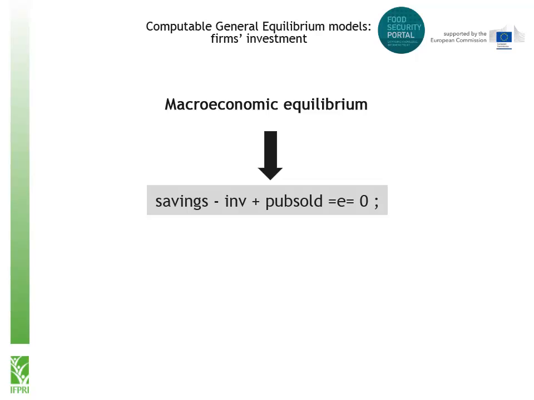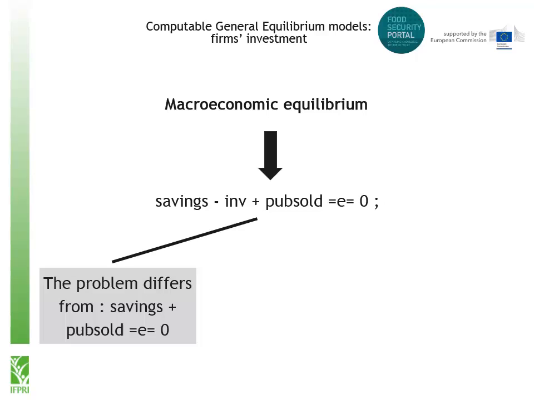Now the new macroeconomic equilibrium condition with investment is slightly different. It is savings minus investment plus public sold is equal to 0. That is to say we have saving minus investment, it is net private savings. Public sold, we have net public savings.